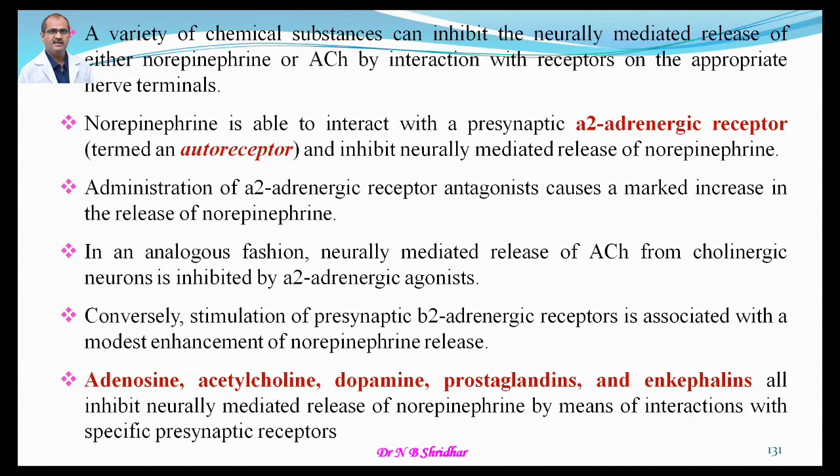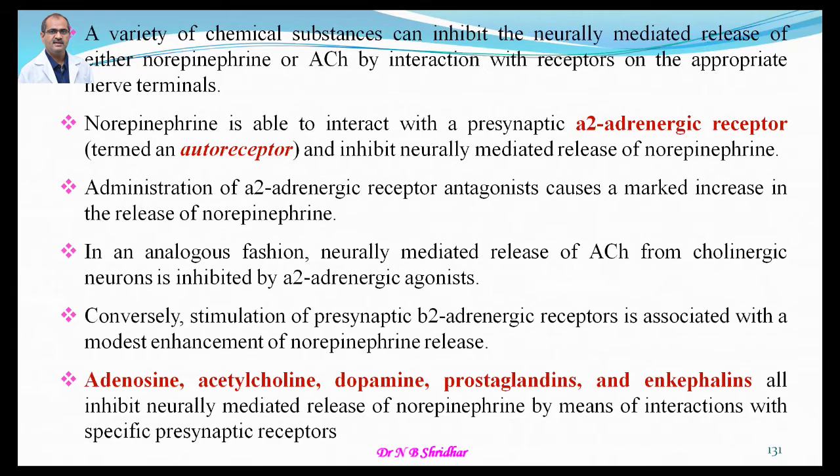The alpha-2 adrenergic receptor is always presynaptic, and it inhibits neurally mediated release of norepinephrine, so it is an inhibitory receptor. Whenever norepinephrine is released, it acts on the presynaptic alpha-2 receptor and inhibits the further release of norepinephrine. That's why it is known as the autoreceptor.